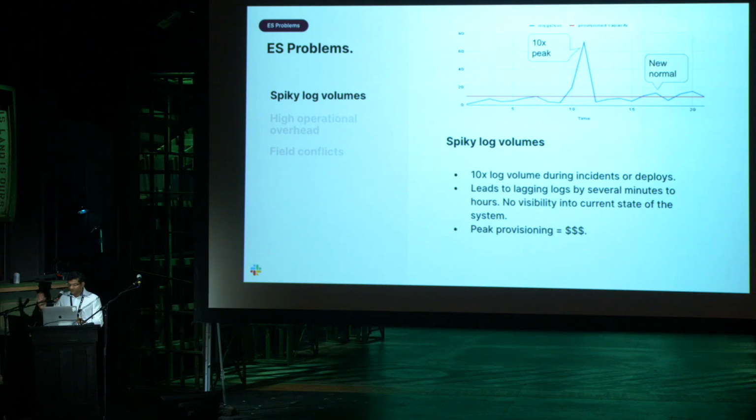So to overcome it, what we do is we peak provision our clusters, which costs us a lot of money. But peak provisioning does not solve all our problems. Here is why. If you see on my right, even just the organic growth of our logs itself, the red line is where we provisioned ES at peak.